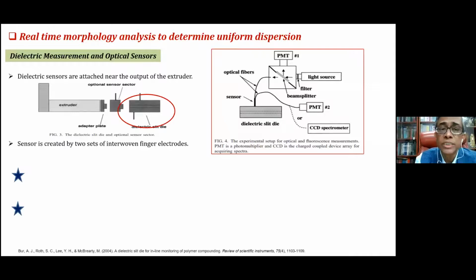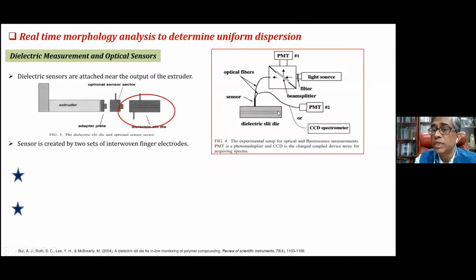I'll just show one slide to show that lots of new developments have happened. With the extruder, we can now put both a dielectric and an optical sensor at the die, so that when these nanoparticles are coming, we can tell whether they have been dispersed and mixed.